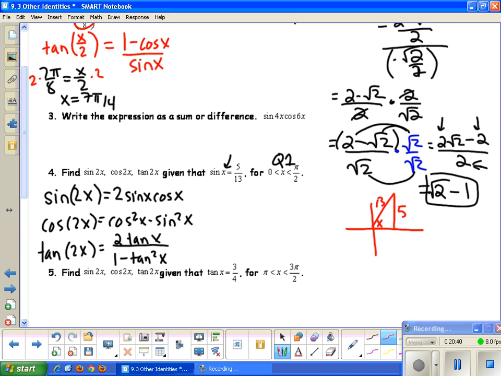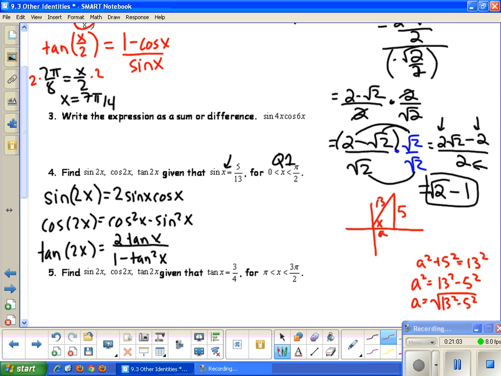We'll call this side a. So a squared plus 5 squared equals 13 squared. So a squared is equal to 13 squared minus 5 squared, so a is equal to the square root of 13 squared minus 5 squared.